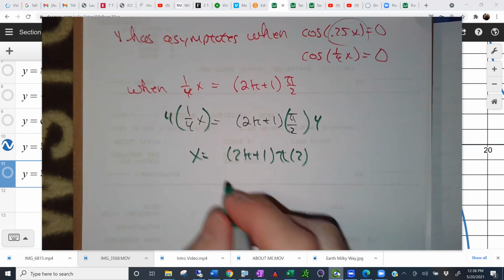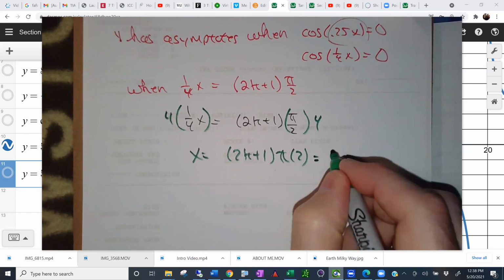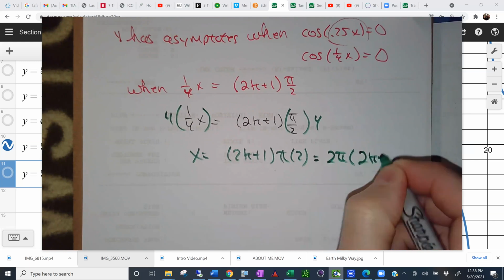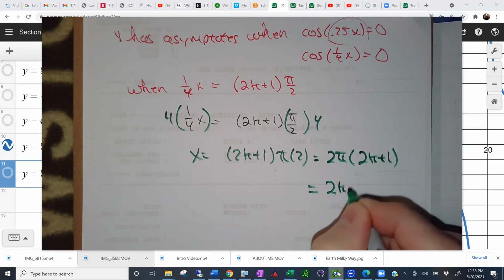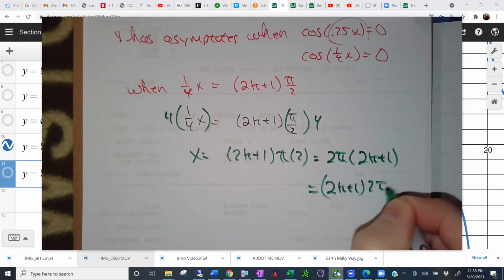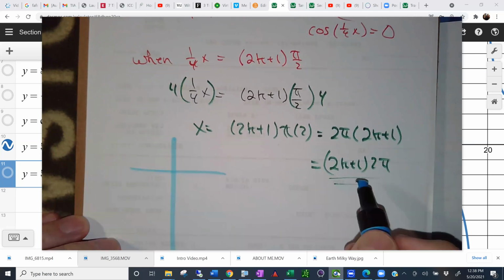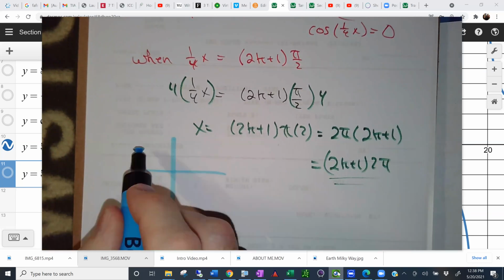So I'll just put that all out in front. 2 pi times 2k plus 1. Or the other way around, 2k plus 1 times 2 pi. It doesn't matter. I guess in hindsight, I kind of like it like that. Odd multiples of 2 pi. Now, just to maybe show you what I mean here, let's pick a few values for k.